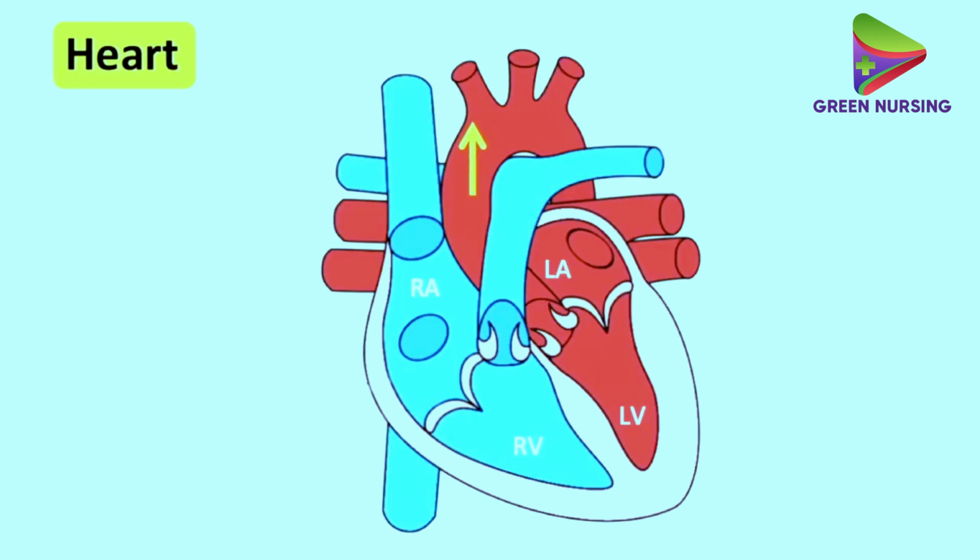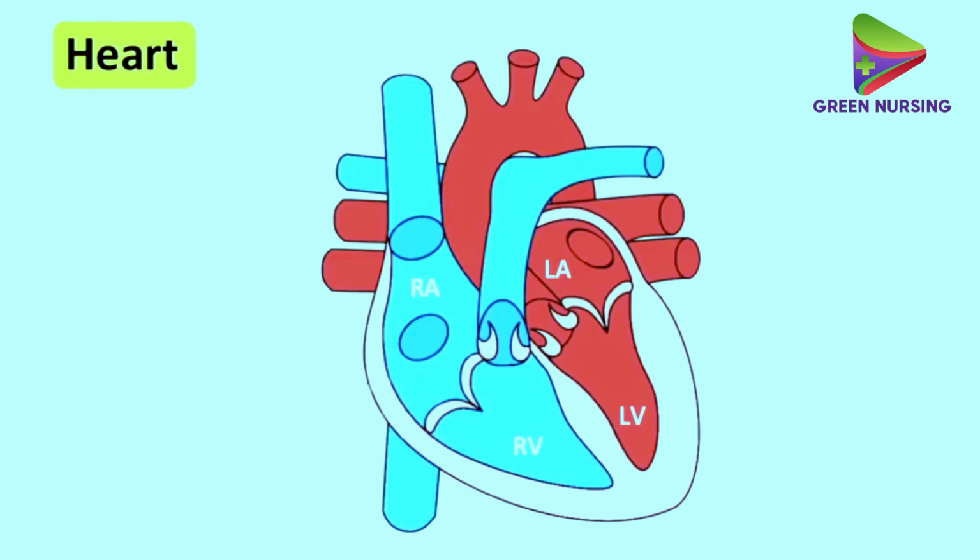This blood is then sent around the body via arteries. Remember, in one heartbeat, blood enters and exits the heart from both sides.